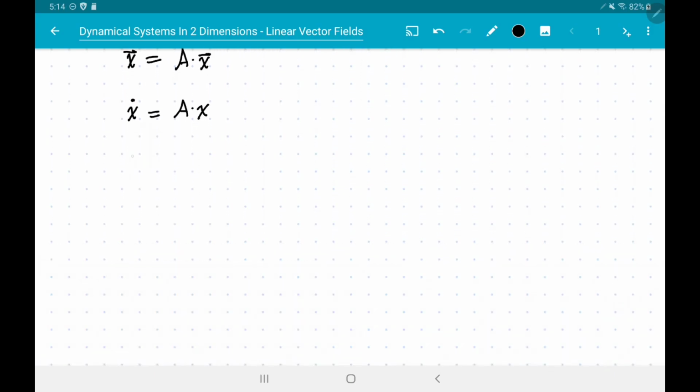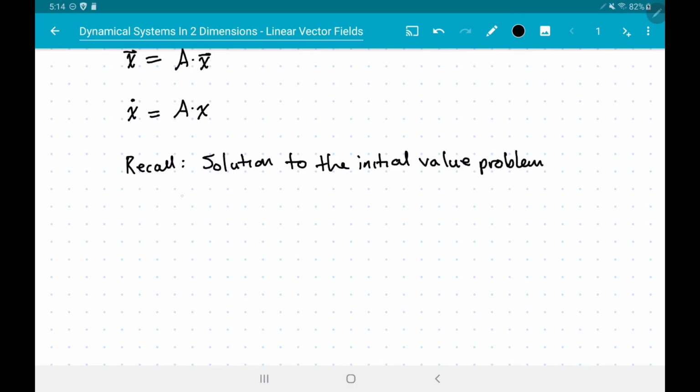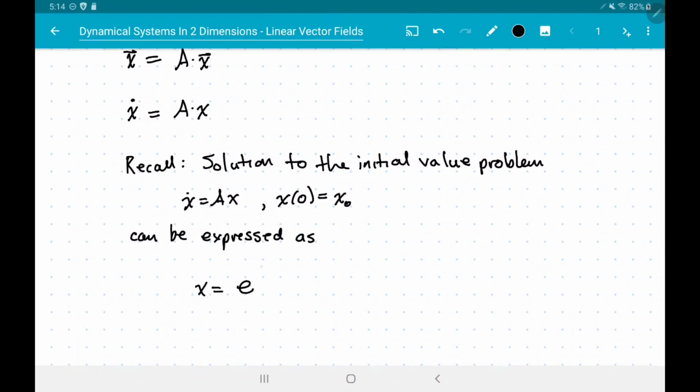Now, if you'll recall from elementary differential equations theory, the solution to the initial value problem x dot equals Ax with x of 0 equals some initial condition x sub 0 can be expressed as x equals e to the tA times x sub 0.